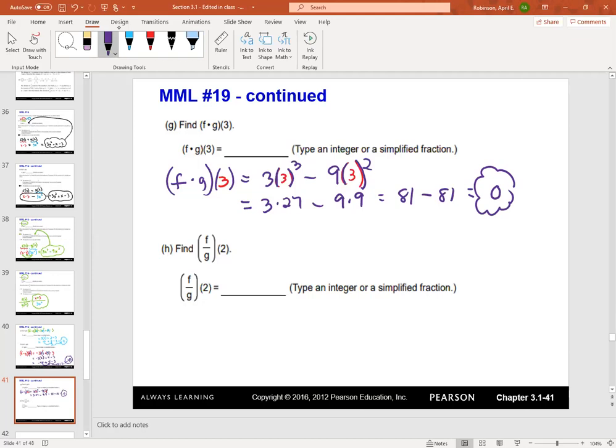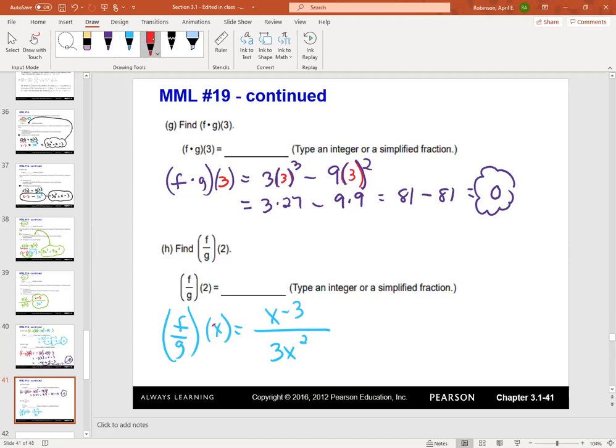Okay. And then H is f divided by g of 2. And just a few minutes ago, I calculated f divided by g of x, in which we got x minus 3 over 3x squared. So now we're going to calculate f divided by g of 2.